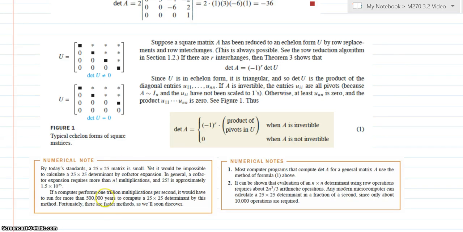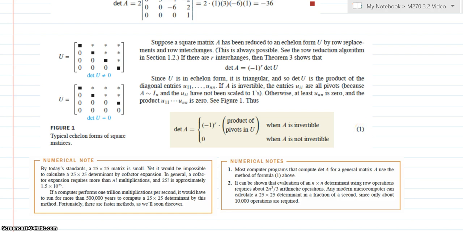So I got this from the last section. This is the numerical note in this section. Most computer programs that compute the determinant of A for a more general matrix A use the method described in 1, which is above here.